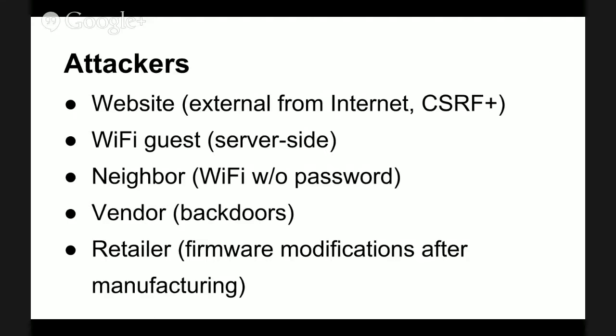Then a neighbor, it's your guys without your Wi-Fi password, and there's a difference between Wi-Fi guests and neighbors, that Wi-Fi guests have their valid password from your wireless network, home wireless network, of course.